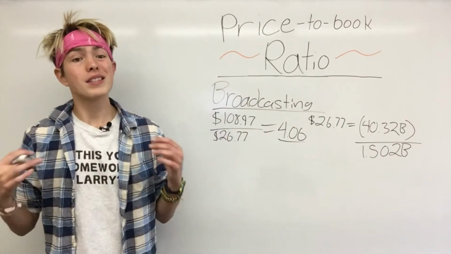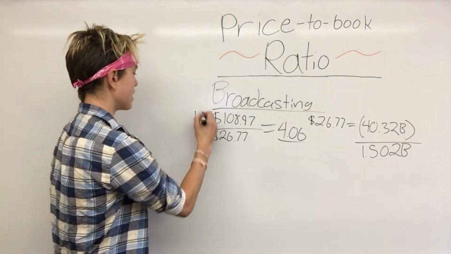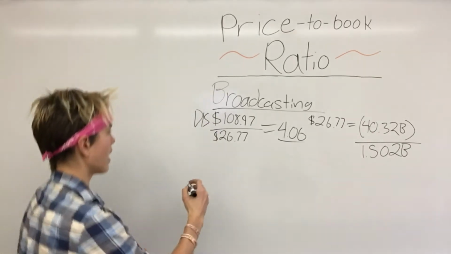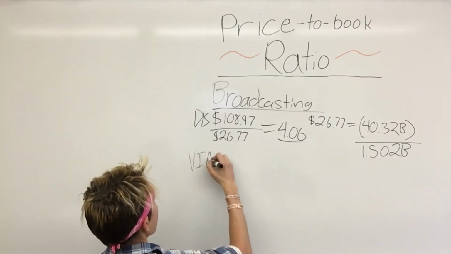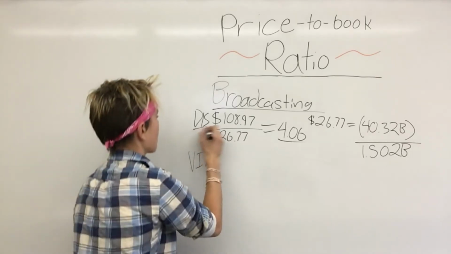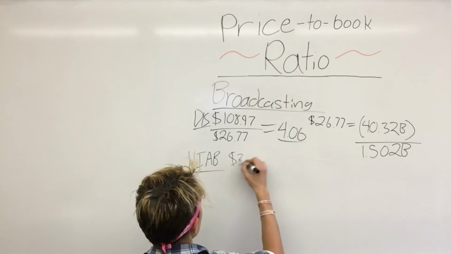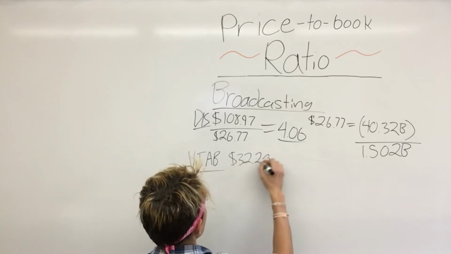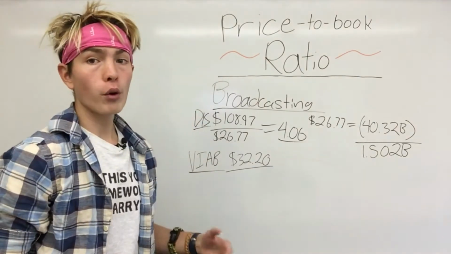Perfect. Now let's take a look at Viacom. Again, Disney's ticker symbol is DIS. Viacom is VIAB. The price of Viacom right now is sitting at about $32.20. And let's find our book value per share for Viacom.